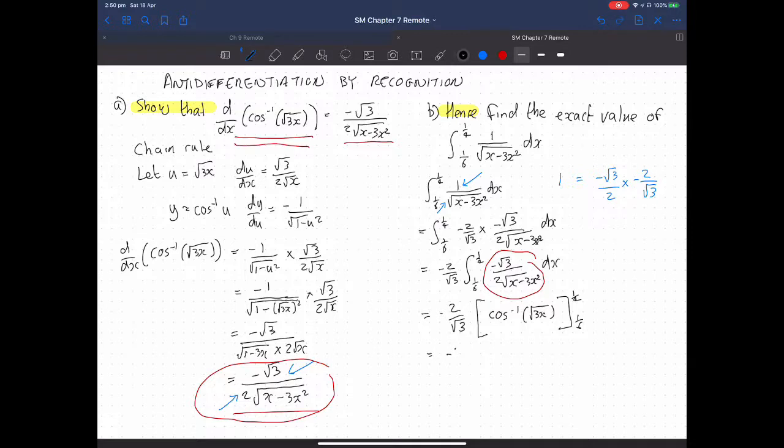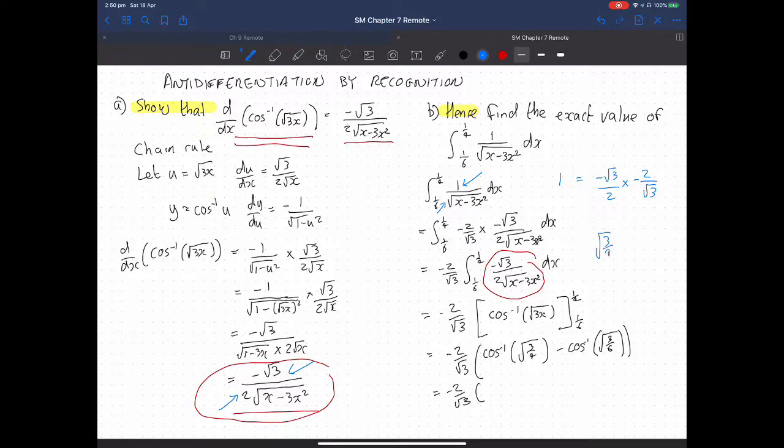We have minus 2 on root 3 times, if we substitute in 1/4 for x, we get inverse cosine of the square root of 3 on 4, minus the inverse cosine of the square root of 3 on 6, which is minus 2 on root 3 times the inverse cosine of root 3 on 4.